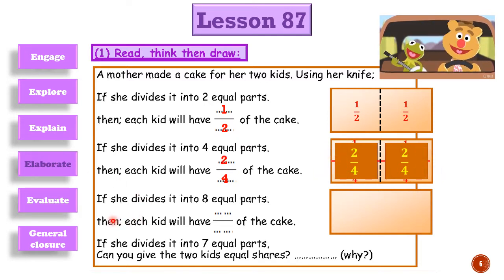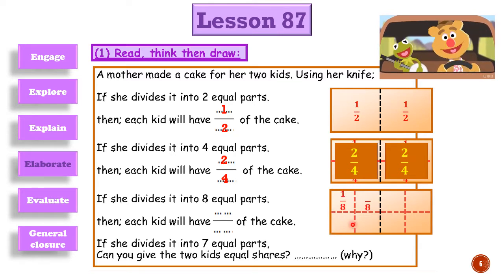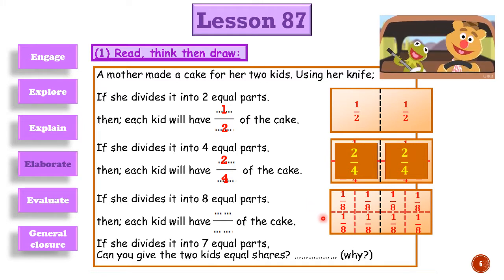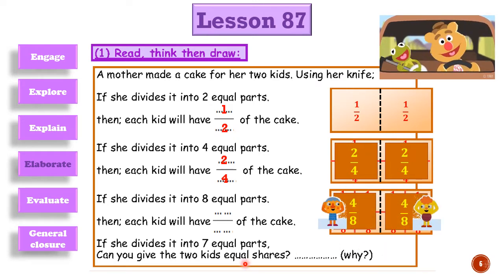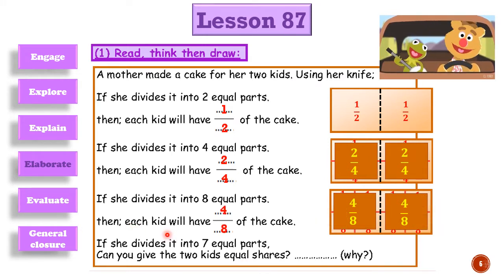Here, if she uses her knife one more time to divide each cake into 8 equal parts like this, then each part is called an eighth. Then each kid will have how many parts out of 8? 4 parts out of 8. Excellent job. Then each kid will have 4 eighths.